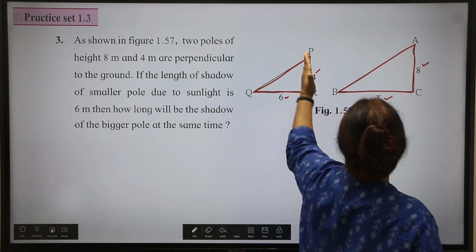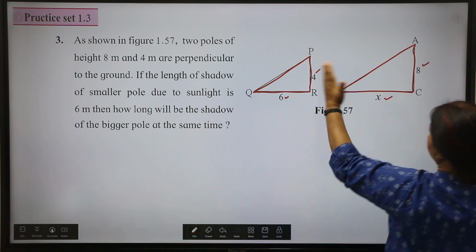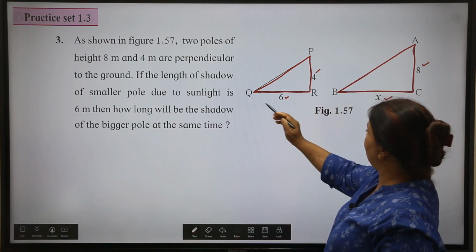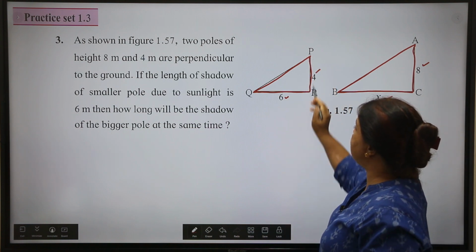This is the 4 meter height and this is the 8 meter height. They are perpendicular, and this is the shadow which is falling. QR is the shadow of PR.